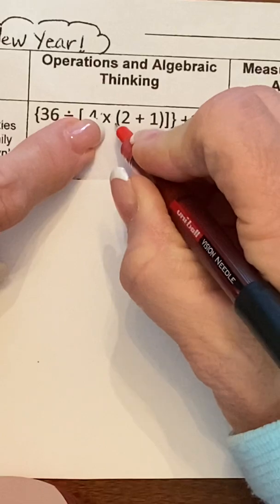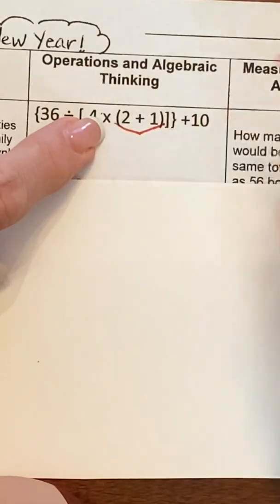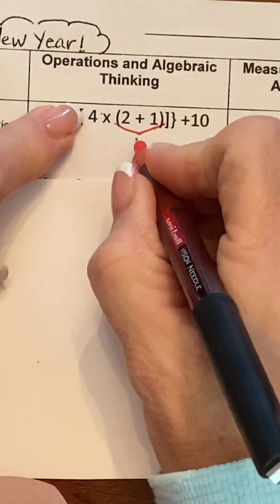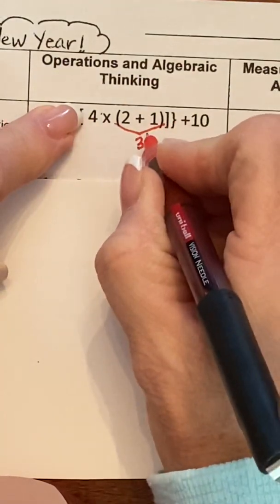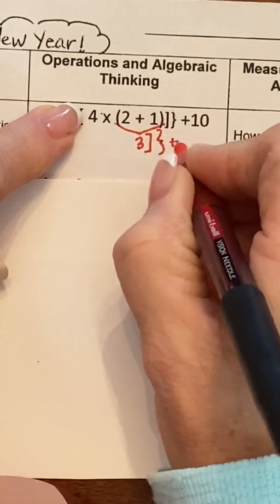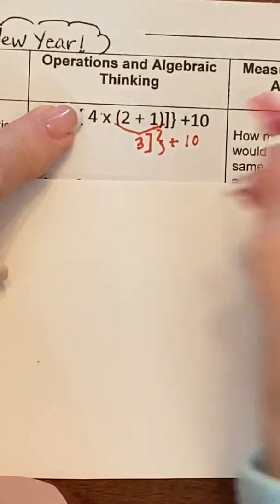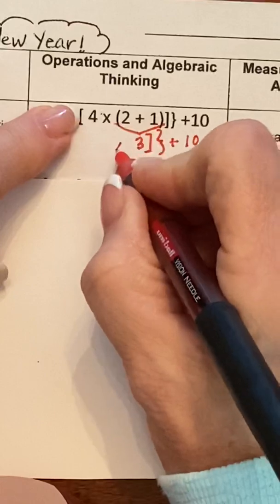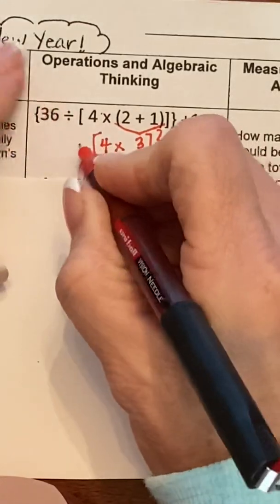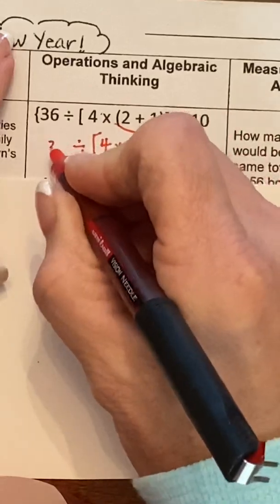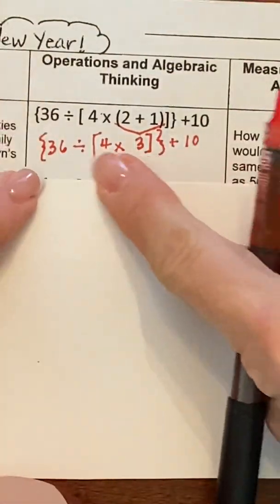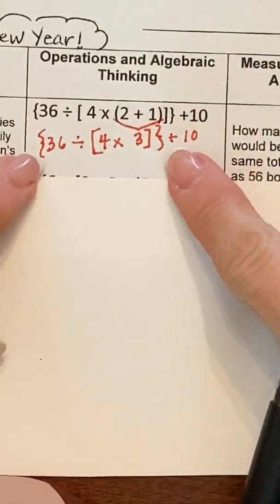Now you're going to want to put your down arrow right on the outside of that, because you've just done 2 plus 1, which is 3. You have not used the bracket, you have not used the brace, or the plus 10. You've got to bring down your multiplication, your 4, your bracket, your 36, and your brace. Now, what are you going to do next? Look at the grouping. Look inside the brace.